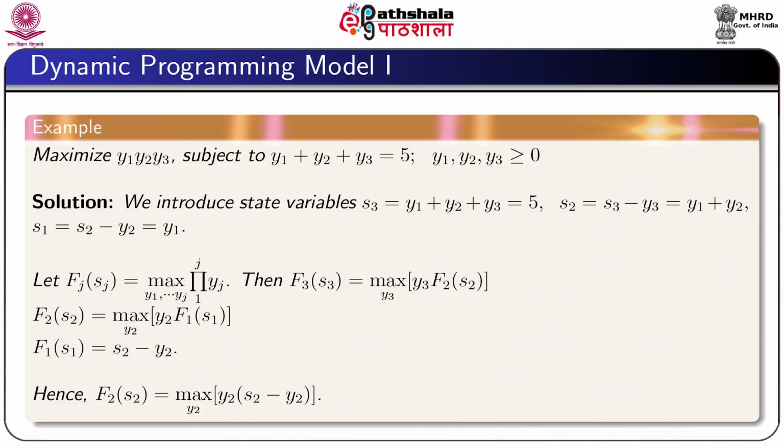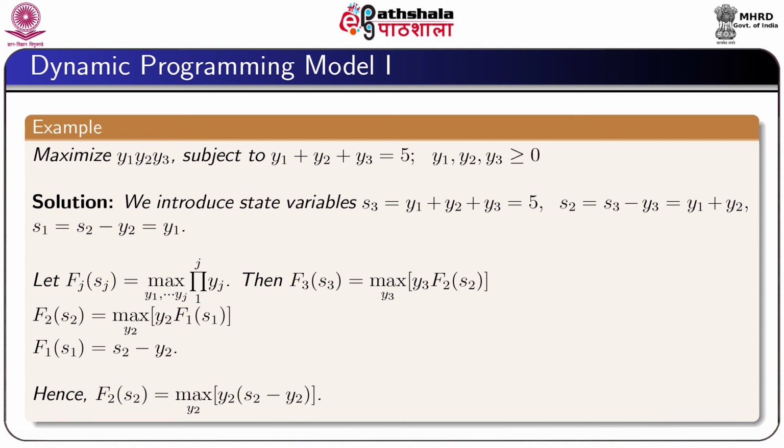Let us consider an example. Find maximum of y1, y2, y3 subject to y1 plus y2 plus y3 equal to 5, which is a single additive constraint, and y1, y2, y3 are all greater than or equal to 0.